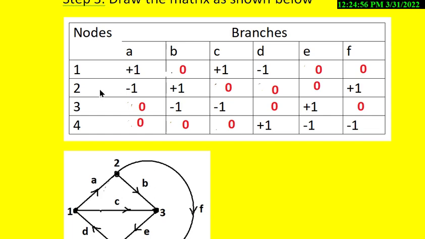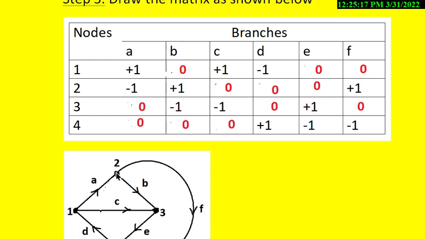So next, node 2. This is node 2. The branches which are not connected to this node we have to identify, then replace those elements with 0.